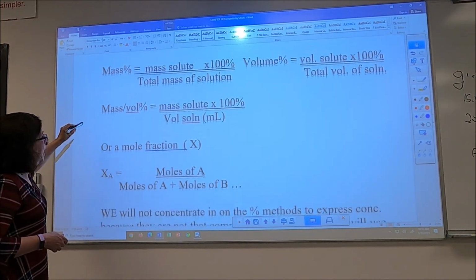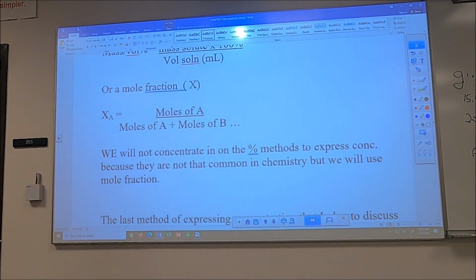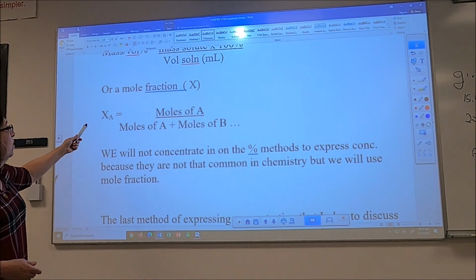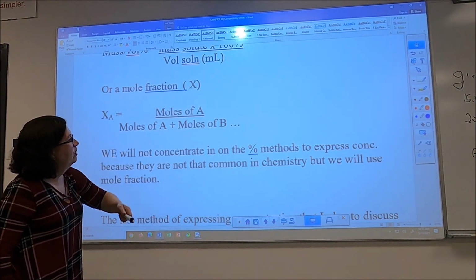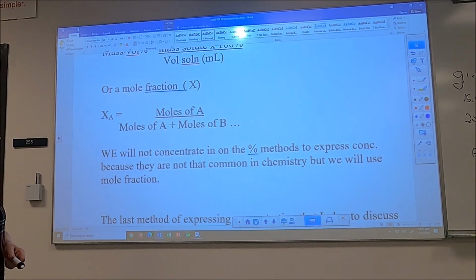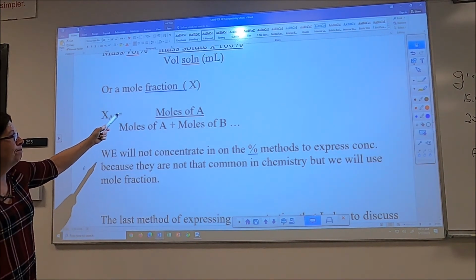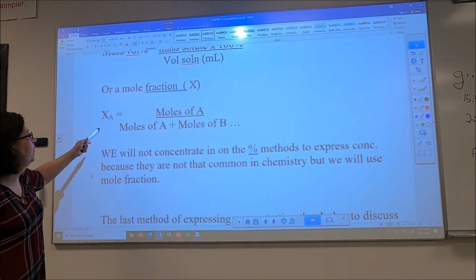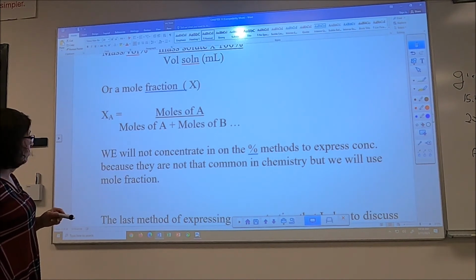Okay? Now, mole fraction is sometimes used. Symbol for mole fraction is X. So the mole fraction of A would be moles of A divided by the total number of moles of particles. There's some very specific situations where you're looking, let's say, at Henry's law, looking at a gas dissolving in liquid where mole fraction is important.